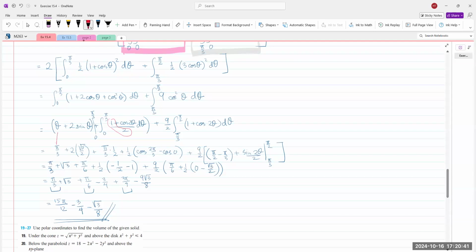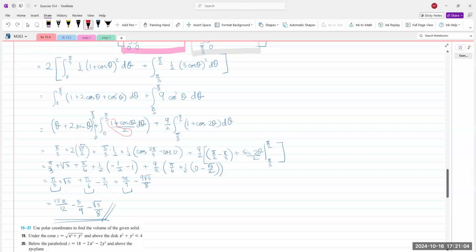From here to here, the length of the interval. Okay, that one is good. From here to here, that's 2 times sine pi over 3. Sine pi over 3 is radical 3 over 2. Okay, that's good. Sine 0 is 0. Okay, and then for this one here, 1/2 times the length of the interval.